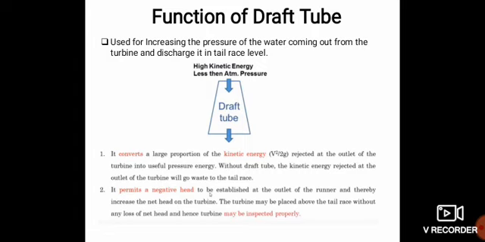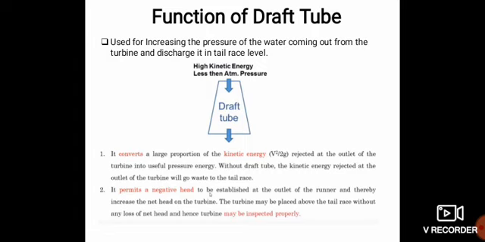Now the main function of the draft tube. The draft tube is used for increasing the pressure of the water coming out from the turbine and discharging it to the tail race level. The main function of the draft tube is to convert the kinetic energy of the water into pressure energy with the help of the increasing cross section.